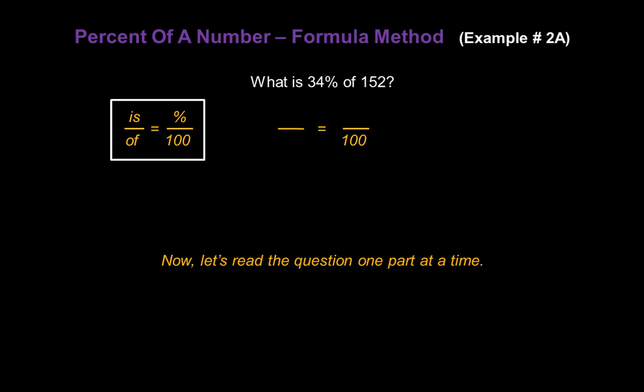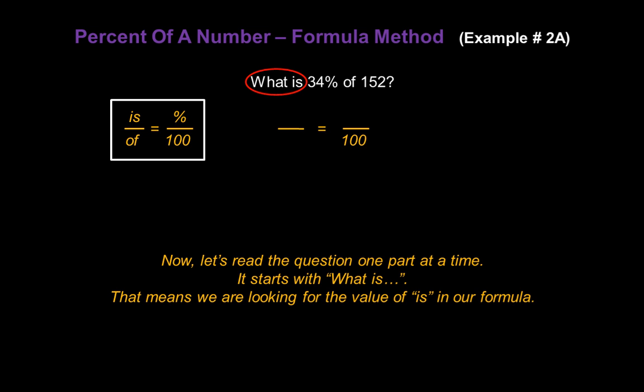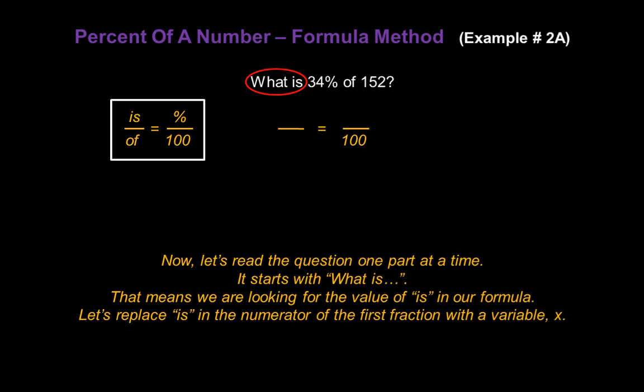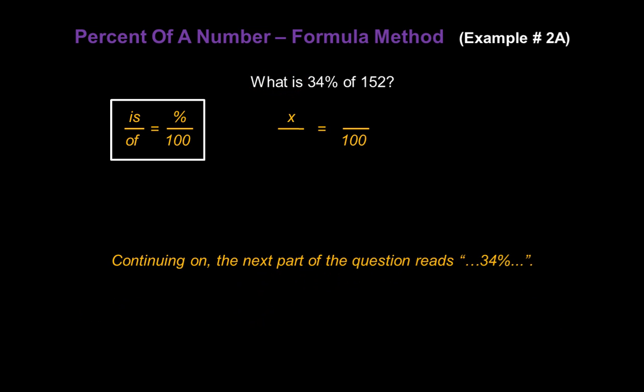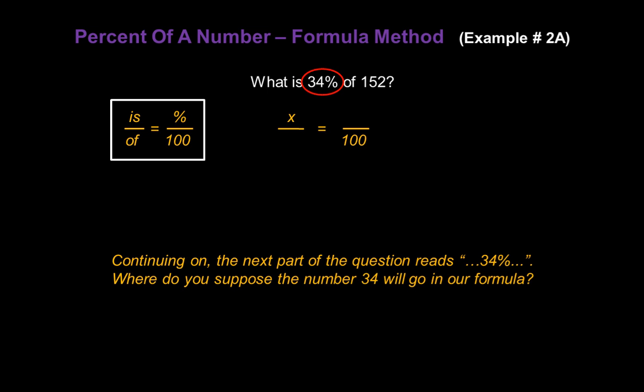Now let's read the question one part at a time. It starts with what is. Again, that means we're looking for the value of is in our formula. Let's replace is in the numerator of the first fraction with our variable. Again, let's use x. Now continuing on, the next part of the question reads 34%.